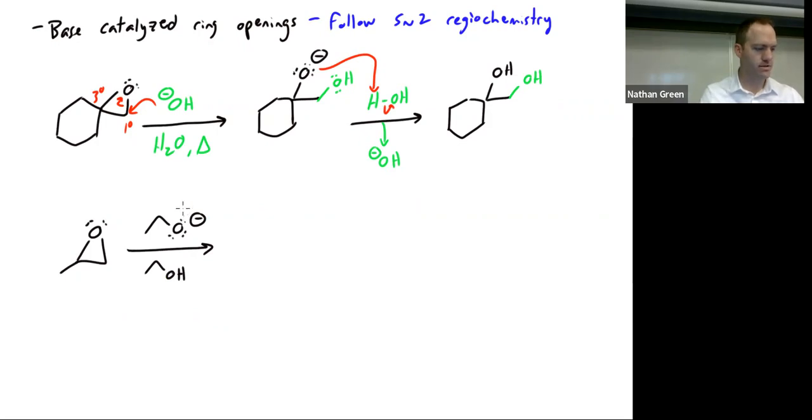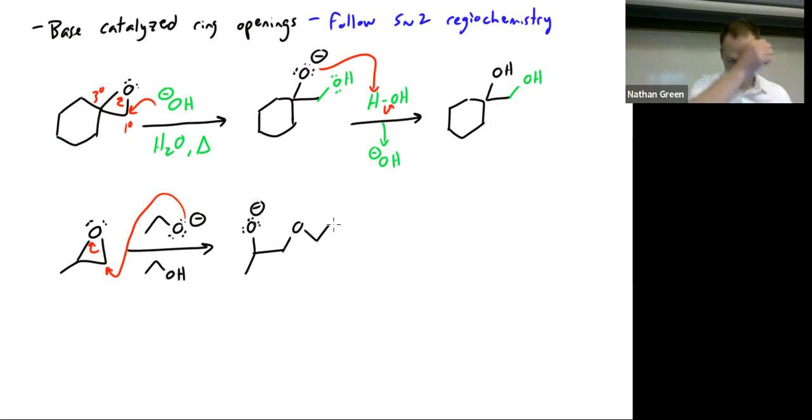This O minus is going to attack what? Carbon on the right, the less substituted carbon, because this reaction is SN2 controlled. When it attacks that carbon, that bond is going to break. We're going to form an O minus over here. We're going to have an oxygen over there.